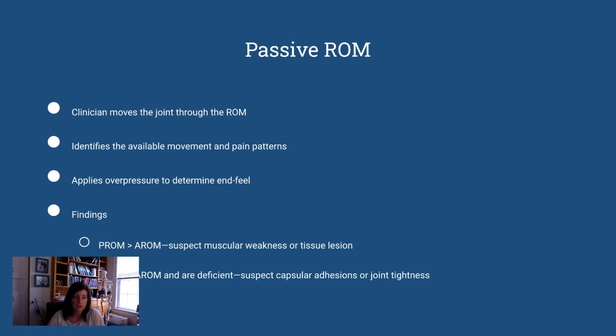If you have diminished passive and active range of motion, then we can think of something like maybe capsular adhesions or some sort of restriction in the joint itself, where it's not a muscle that's limiting it, but we have kind of more of a global restriction. So it kind of fine-tunes where you're going to look.